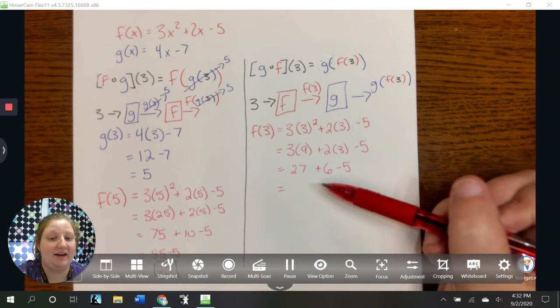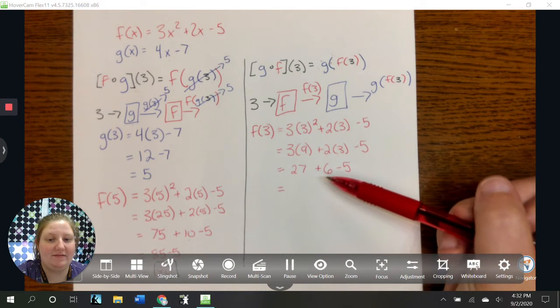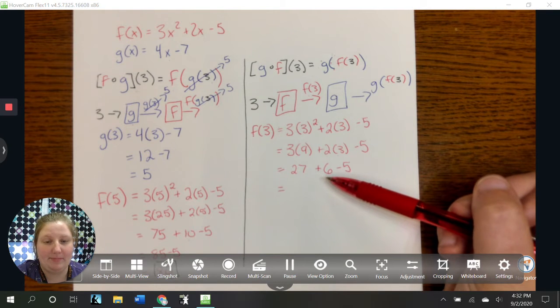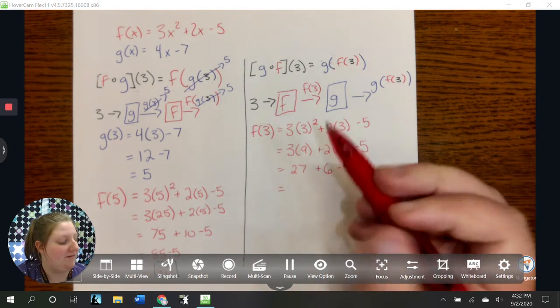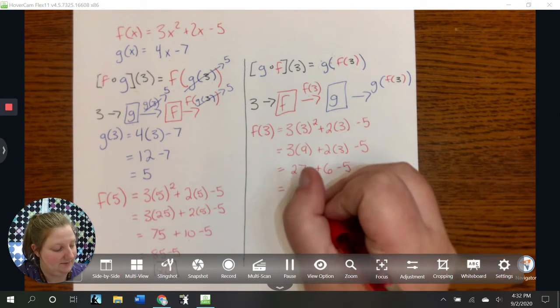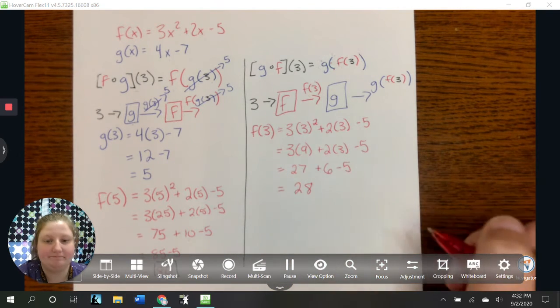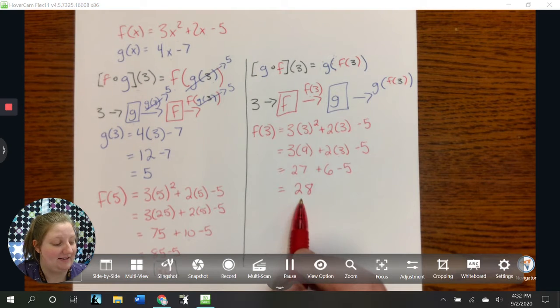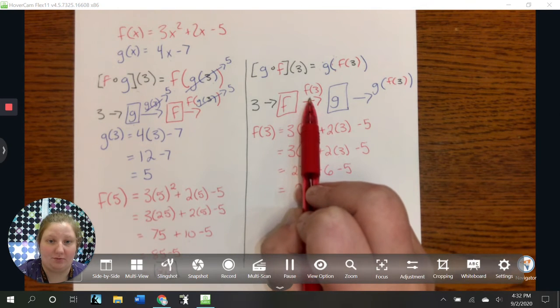And then finally, 27 plus 6 gives us 33. 33 minus 5 gives us 28. So 28 is our f of 3.